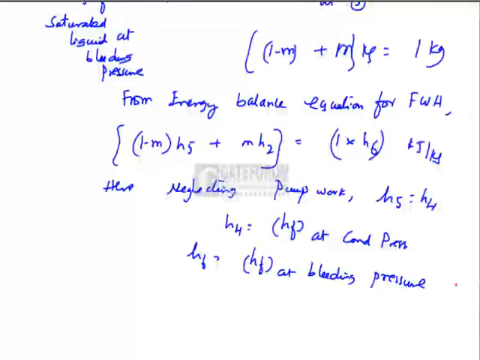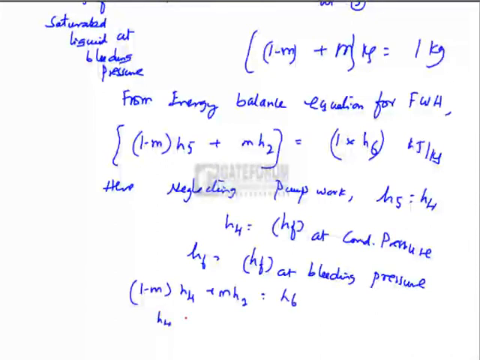HF at condenser pressure and HF at bleeding pressure, that is H4 and H6, could be comfortably obtained from the steam tables. Therefore, I can write 1 minus m into H4 plus m into H2 is equal to H6.